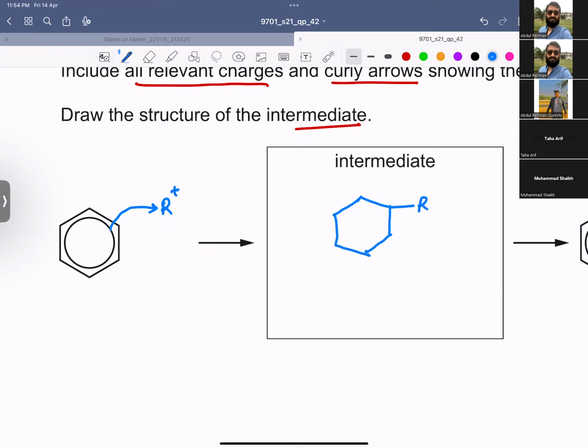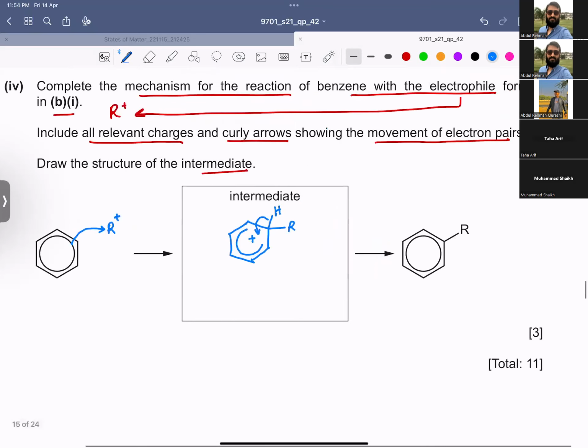On that carbon, I would show the hydrogen that was bonded as well. Then in the center, I would make a semicircle with a positive charge. Then from the bond of hydrogen, I would make a curly arrow inside the benzene ring. And here I get R substituted, and then put an H positive over here because this hydrogen is actually removed.